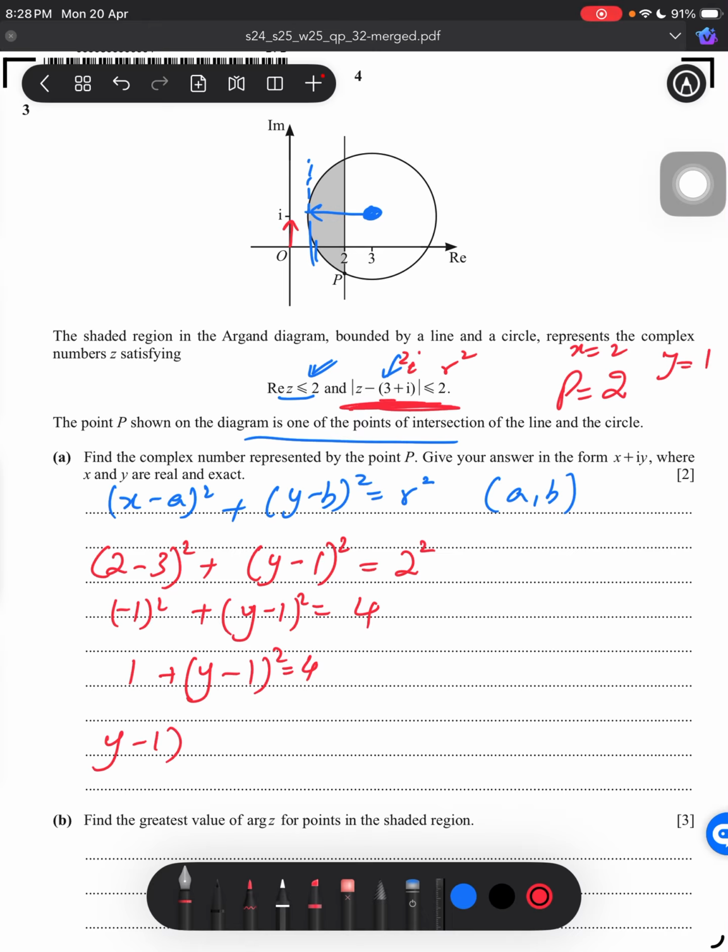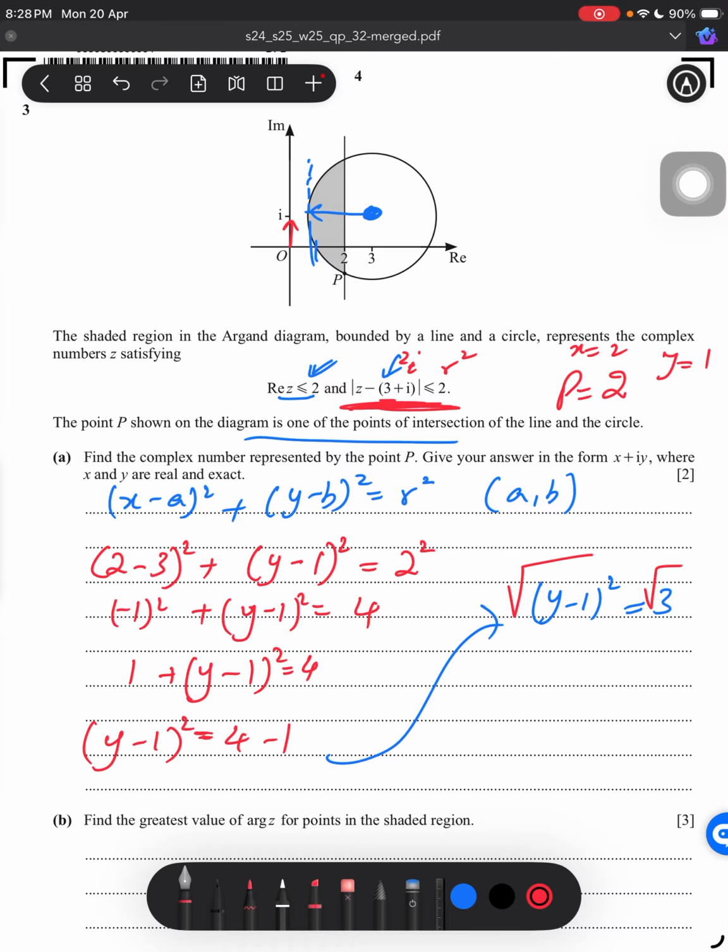So, one more step, 4 minus 1: (y minus 1) whole squared equals 3, and now we can take the square roots on both sides.